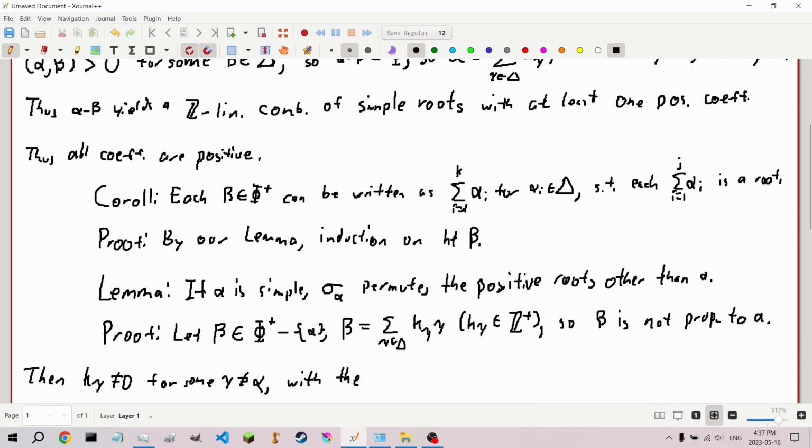The coefficient of gamma in sigma alpha of beta, which we recall is beta minus the inner product of beta with alpha, scaling alpha, is still k gamma.